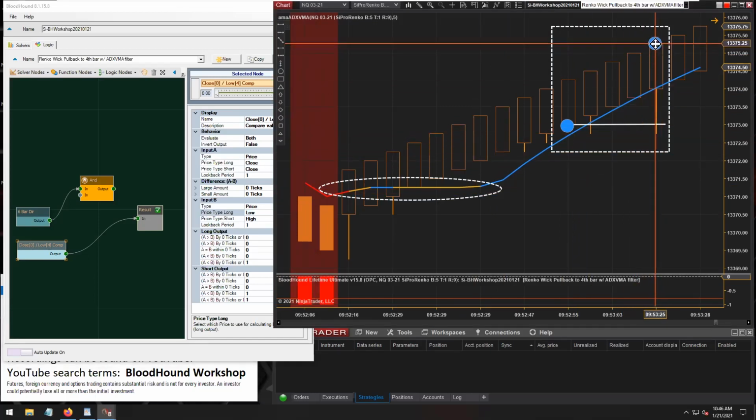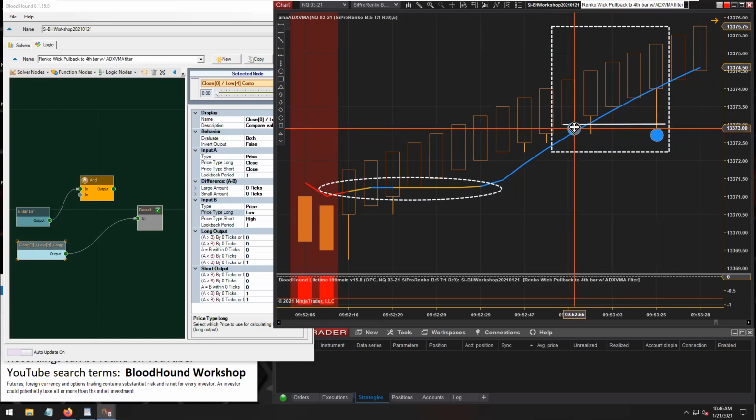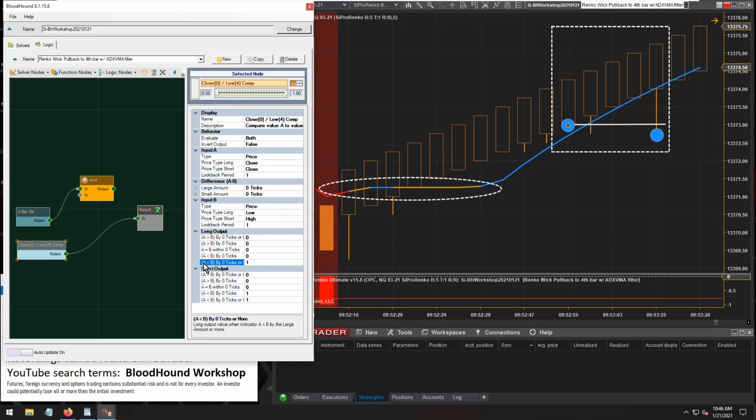The market needs to pull back, pull back, pull back, and go below, or less than, the low of this bar. So this is the output that we want: A, which is the closing price, less than B, like that. And if we reverse the long outputs, then almost all the time you also need to reverse the short outputs, like so.